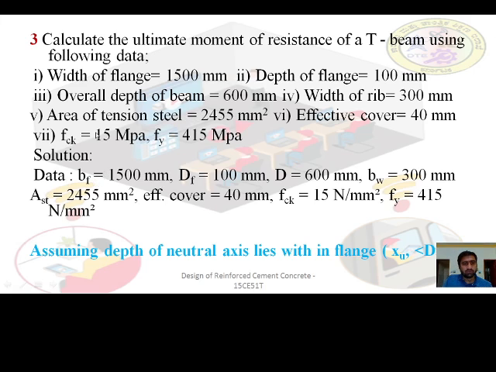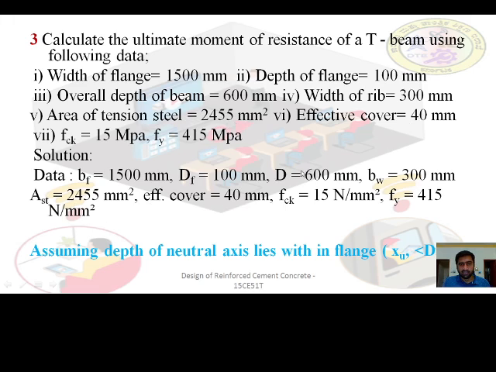See here, width of the flange BF is 1500 millimeter, depth of the flange is 100 millimeter. Overall depth is 600 millimeter. Next, width of the rib or web BW is 300 millimeter. Area of the tension steel is given directly in millimeter square. Effective cover 40 millimeter.